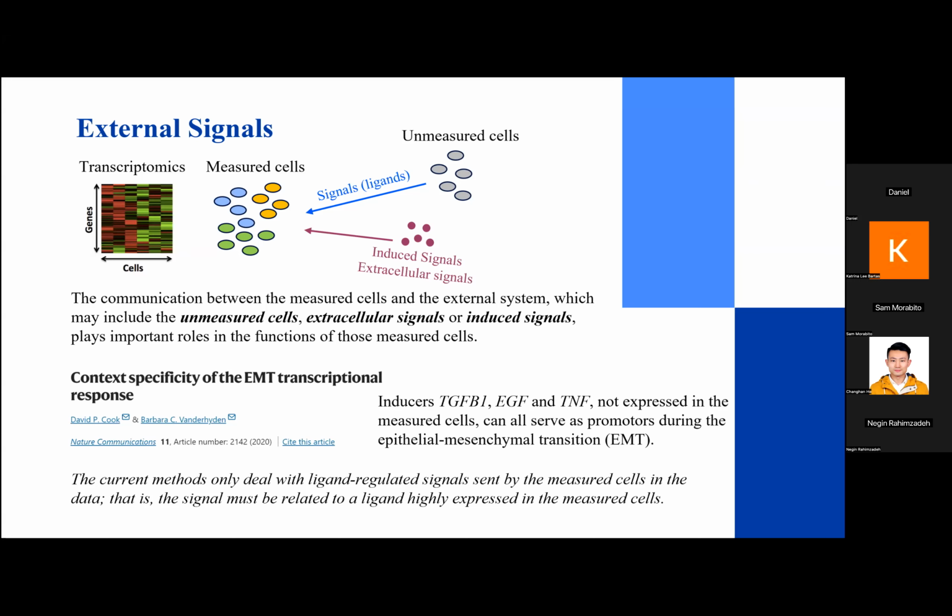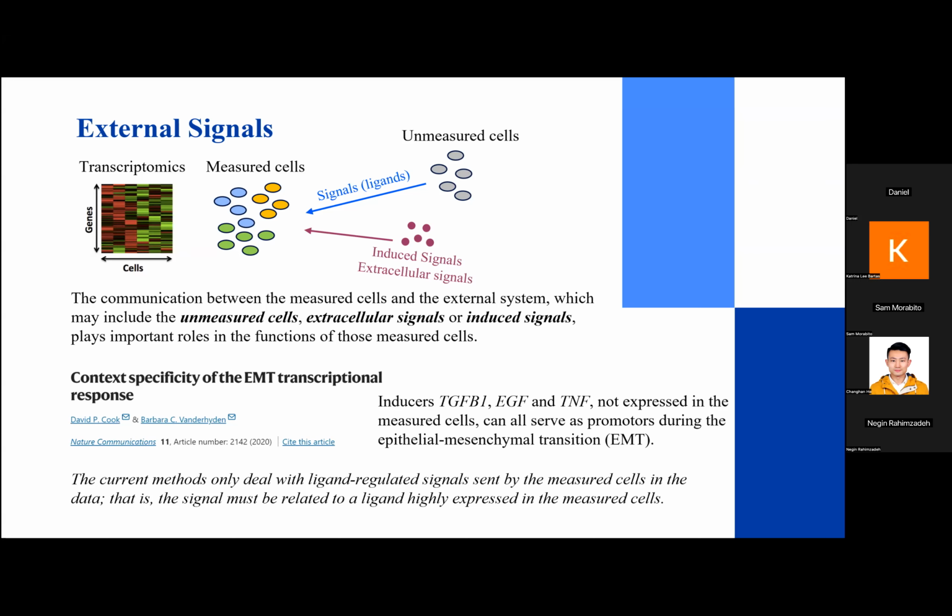However, the current methods only deal with ligand-regulated signals sent by the measured cells in the data. That is, the signal must be related to a ligand that is highly expressed in the measured cells.